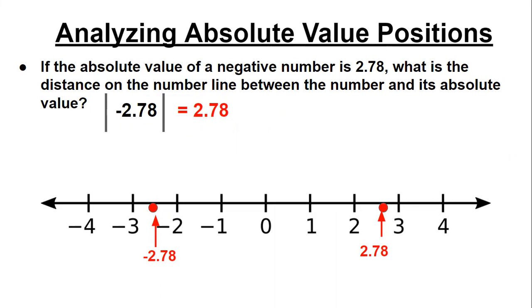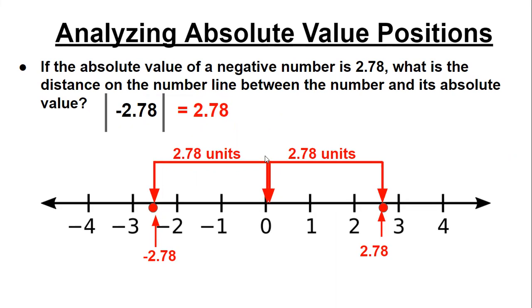And what is our distance between them? What is the distance on the number line between the number and its absolute value? From here to here, it's 2.78 units. And then from here to here, it's also 2.78 units, right? So what it's asking us, what's the distance between the two numbers? How would you figure that out?